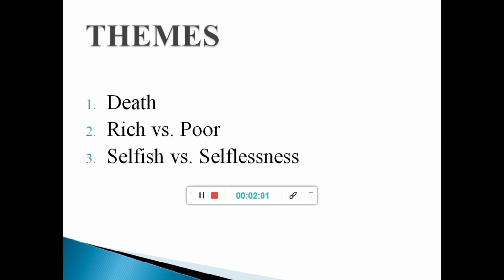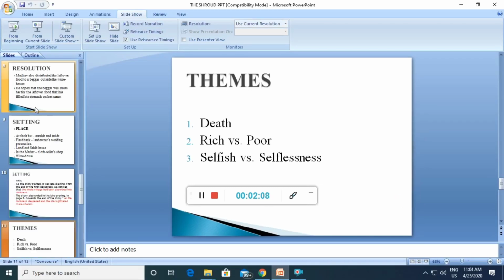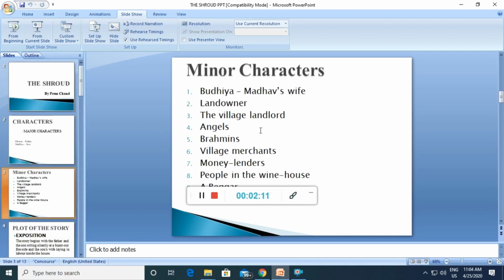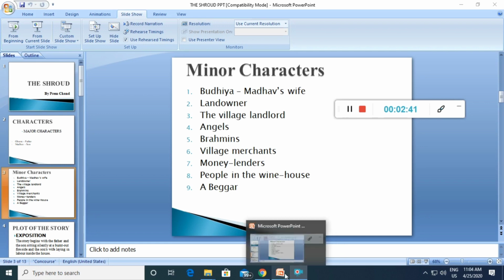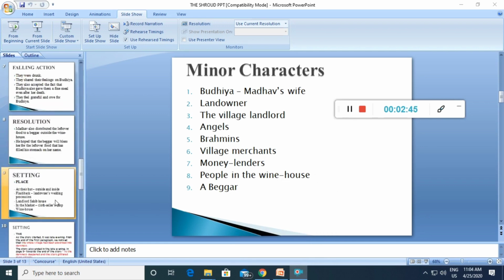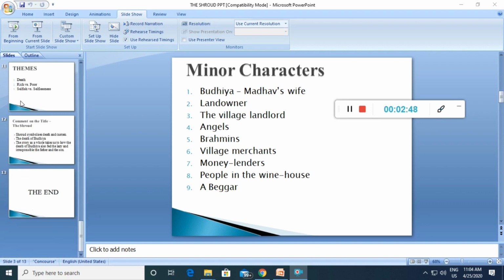If you move down to our previous slides, in our minor characters, the landowner, the wage landlords, even the village merchants, the money lenders in the village, even the people in the wine house who can afford expensive drinks, represent the rich community, the rich people in the community.